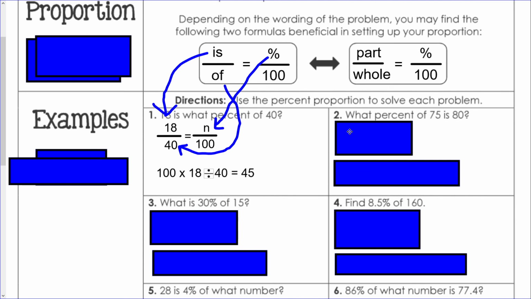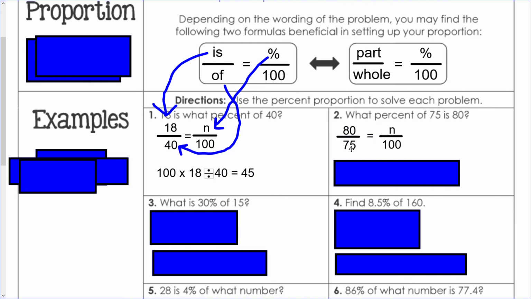Okay, so just to show another example over here, what percent of 75 is 80? All right, so again, pay careful attention to where the of and the is are. I know this sounds like a very silly grammar lesson, but it's very important that you notice where they are. So of is 75, is 80, so your of number goes on the bottom because that's where the of goes.